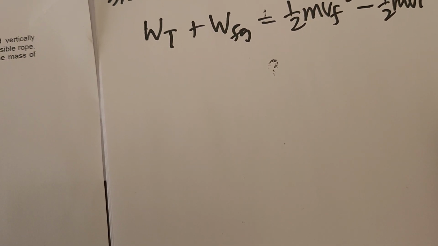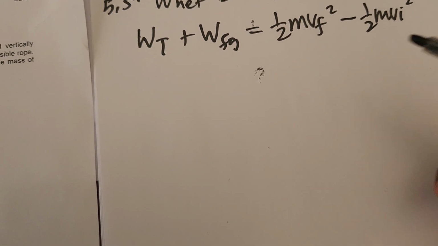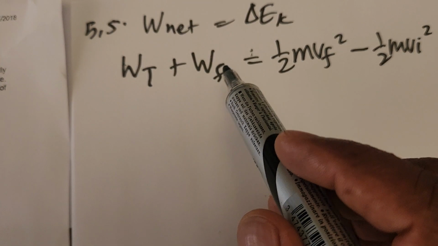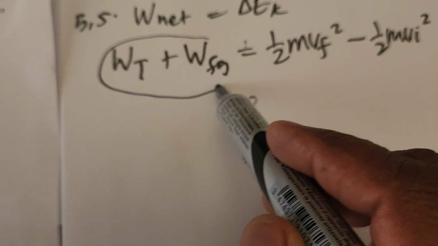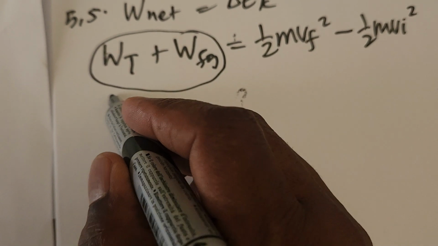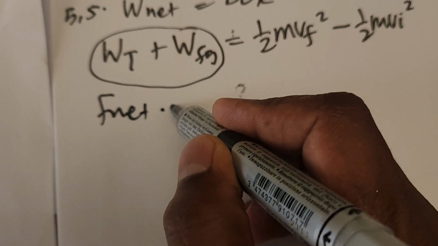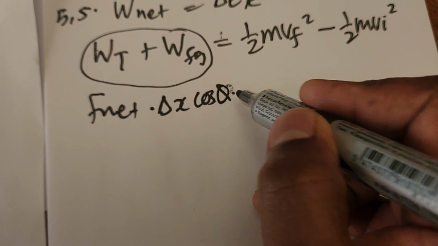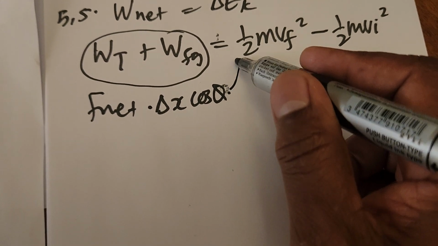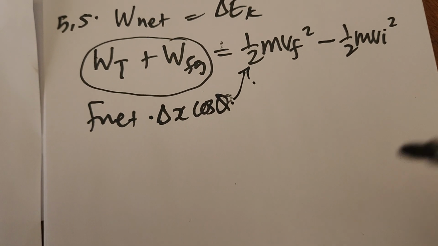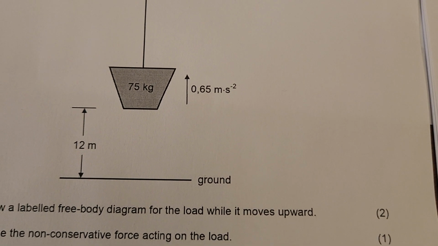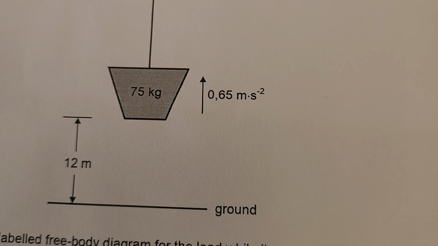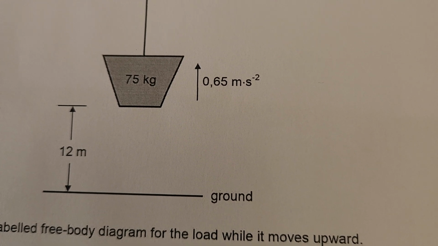In this case, the forces acting on this one, the acceleration is given. So we have got 2 options here. Instead of this, I can use F net delta x cos theta, because the acceleration of the system is given, 0.65 meters per second squared.